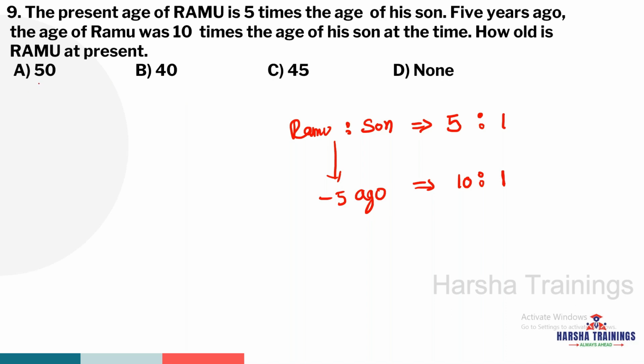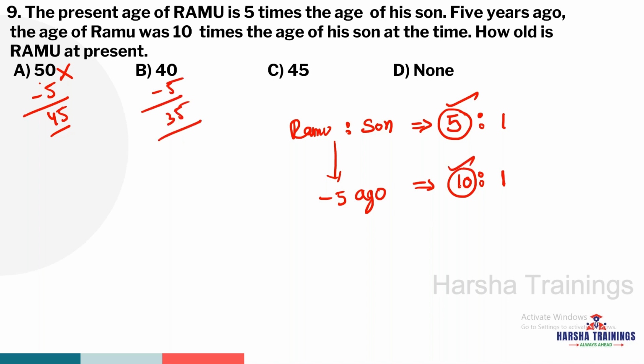What is the first option here? 50. 50 is a multiple of 5. Yes. 5 years ago, 50 minus 5, 45. So 45 is a multiple of 10? No. That's why wrong. Next. Option B is 40. 40 is a multiple of 5. Yes. Okay, so 5 years ago, 40 minus 5, 35. 35 is a multiple of 10? No, that's why wrong.